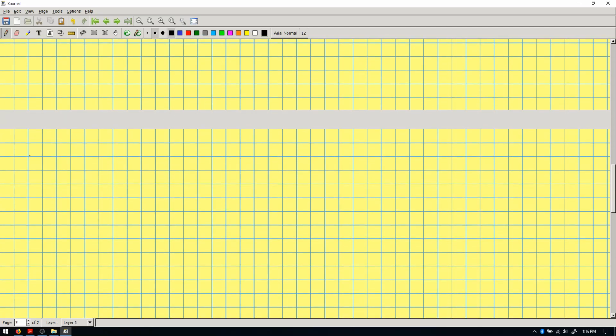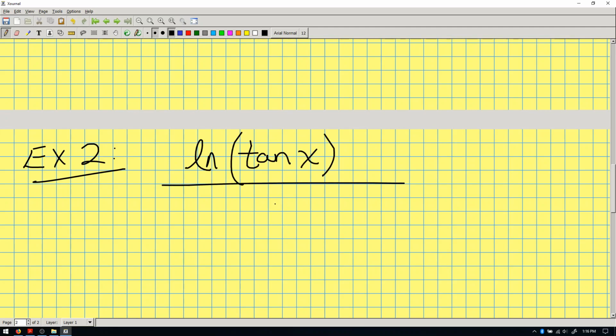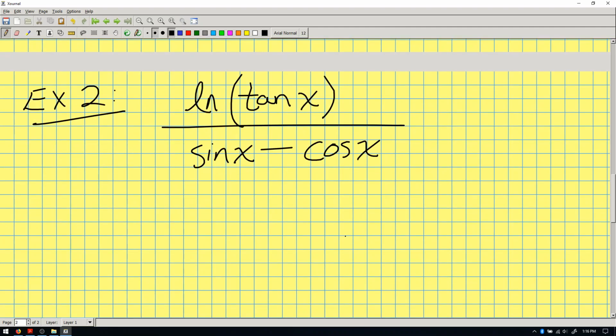In example 2, let's look at ln of tan x over sine x minus cos x, and this is the limit as x approaches pi over 4. So if I plug in pi over 4, I end up getting 0 over 0.